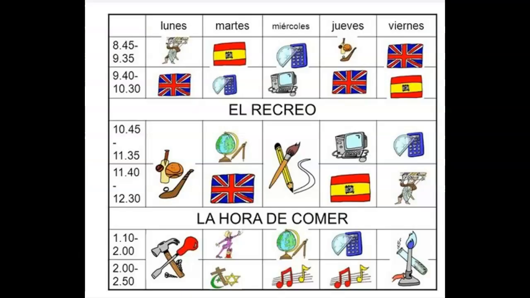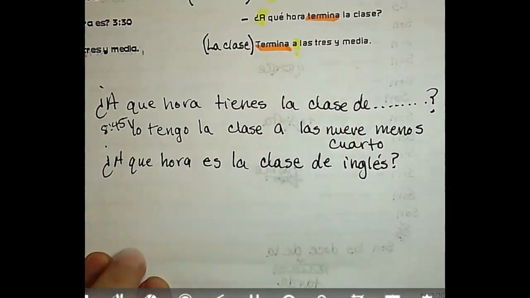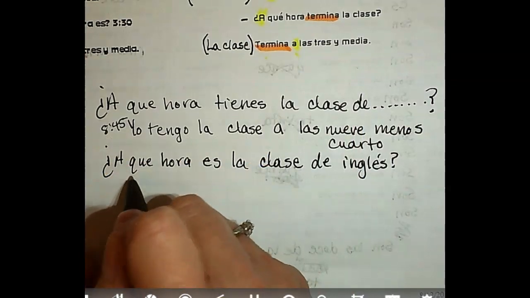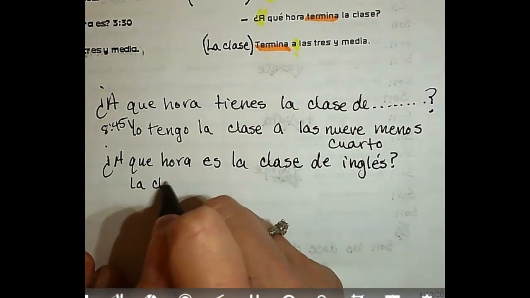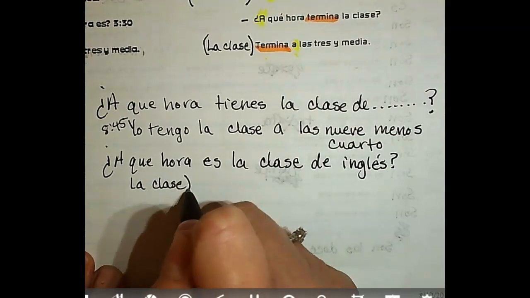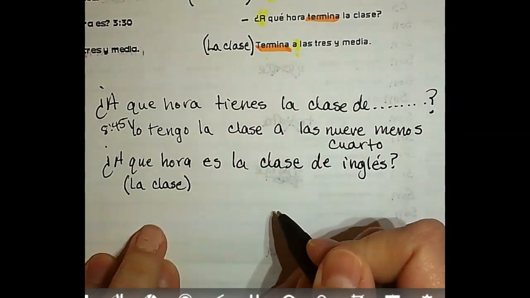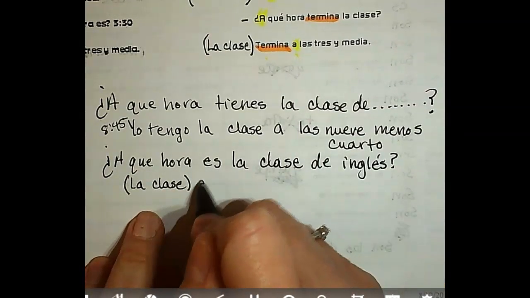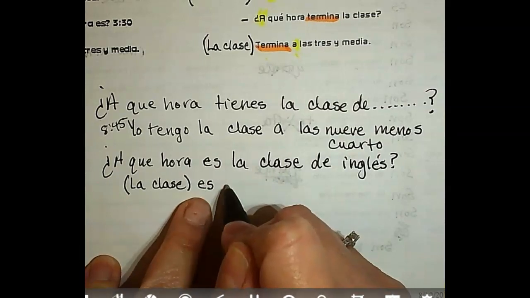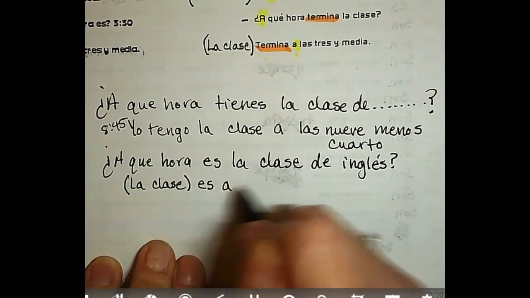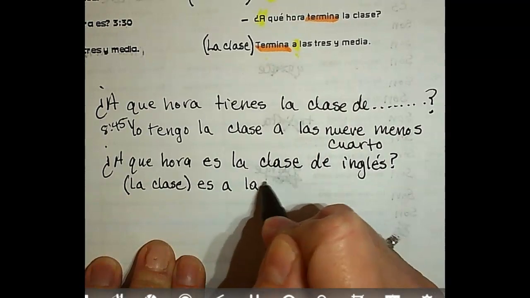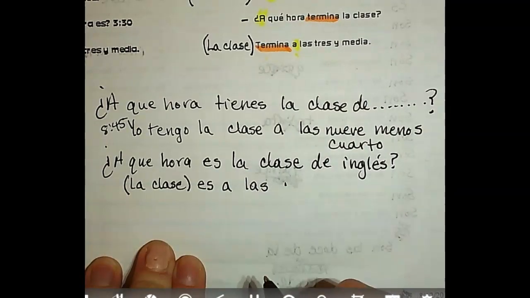Okay, so what time is English class? 9:40. So we want to say the English class is at 9:40. So you can say the class, la clase de inglés, or you can just call it the class, or we could have skipped it and just said it is at 9:40. That would be es, not son las, right? Es a las.